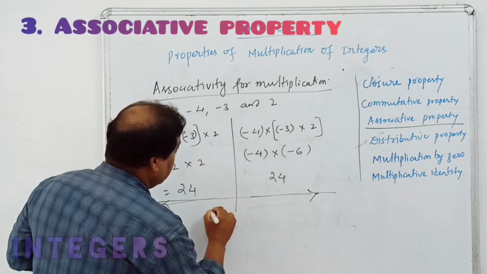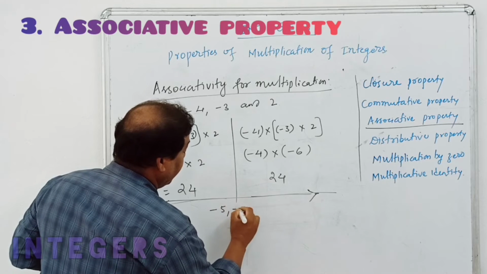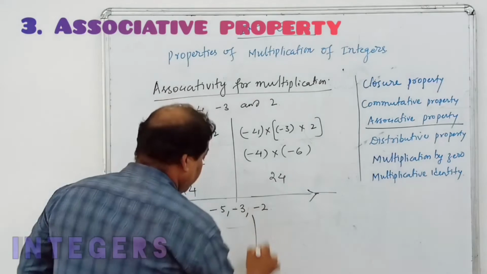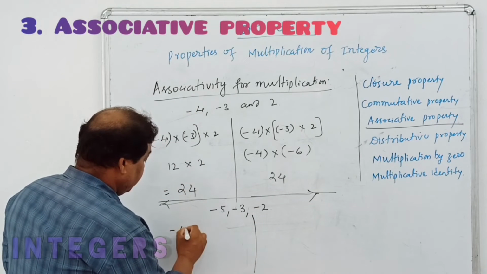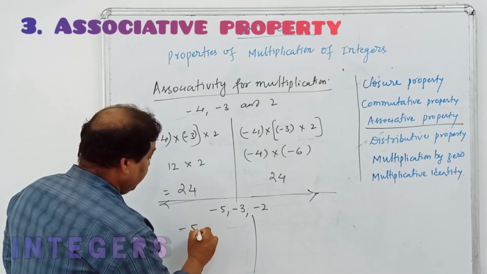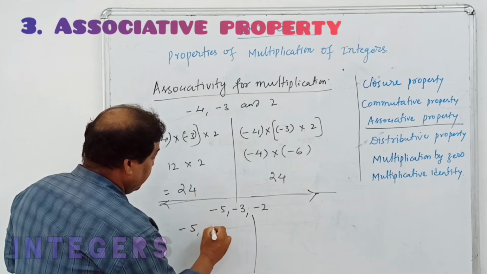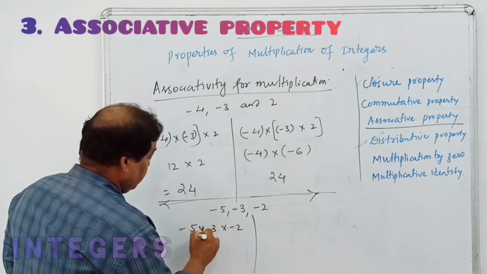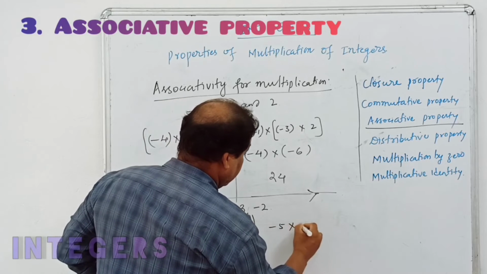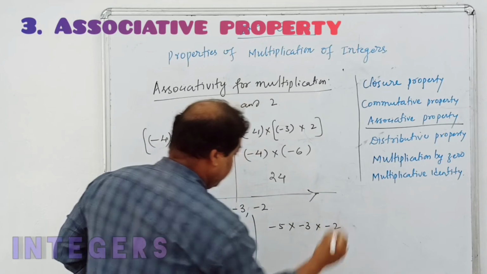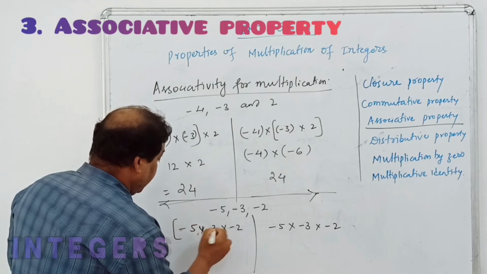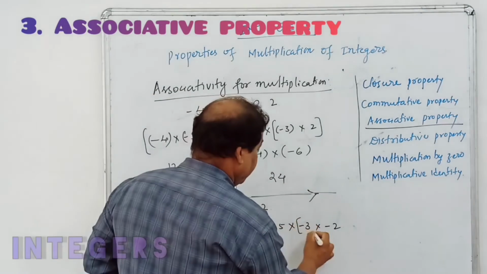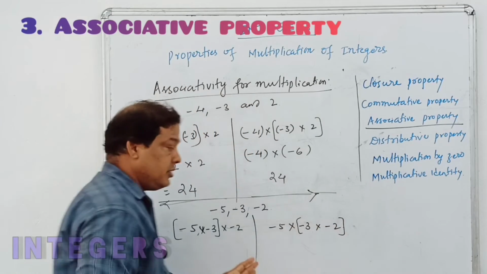Let us take minus 5, minus 3, and minus 2. You have to make two cases. In the first case, minus 5 multiplied by minus 3, then minus 2. Minus 5 and minus 3 you keep in one group, minus 3 and minus 2 in the other group.